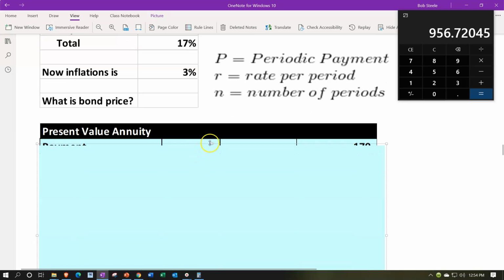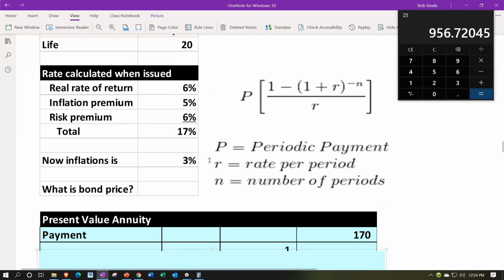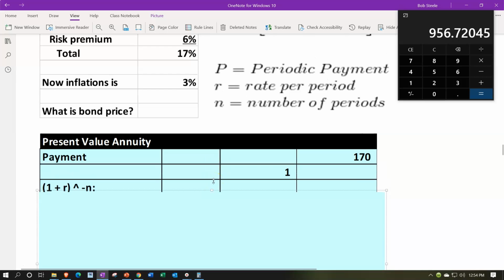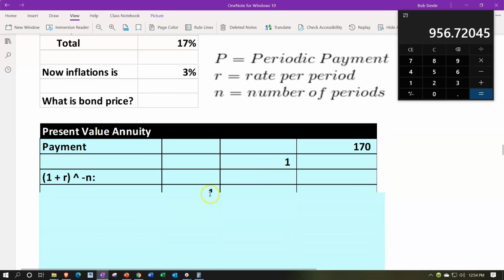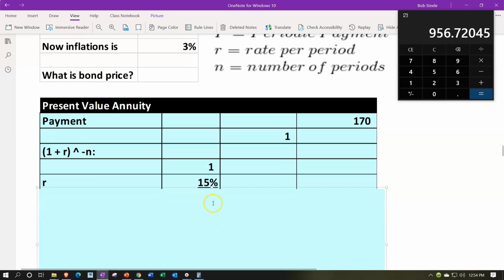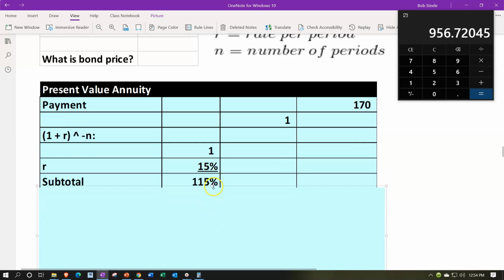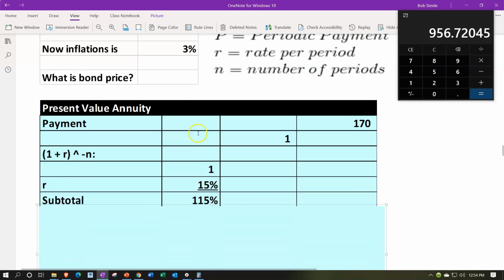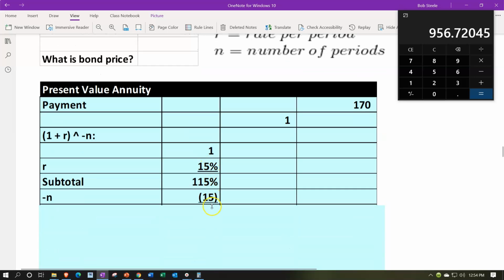So if we put that into our table, 170, which is the 1,000 times the 17% rate on the bond, then the 1 on the numerator, then the 1 plus r to the n, which is going to be 1 plus the market rate, now 15%, because of this change, the 17 minus the 2% being the 15, then 1 plus 0.15 is 1.15 or 115%, to the power of the negative periods.